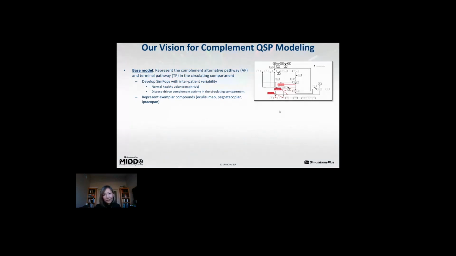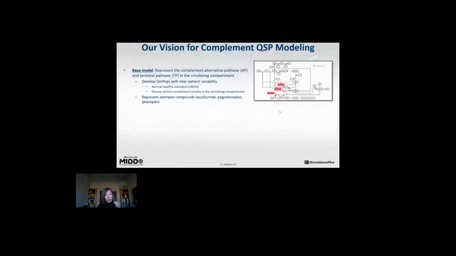You'll recall that I had mentioned that the estimates were that the alternative pathway accounts for roughly 80% of the total complement activity. And so this is an area where, for our initial foray, it makes sense to focus here. We do have a limited representation of, say, a classical pathway to initiate and look at disease conditions. But the focus is really alternative and terminal.